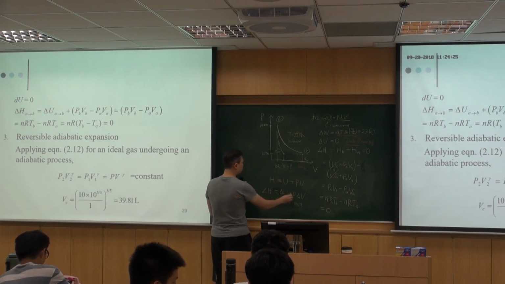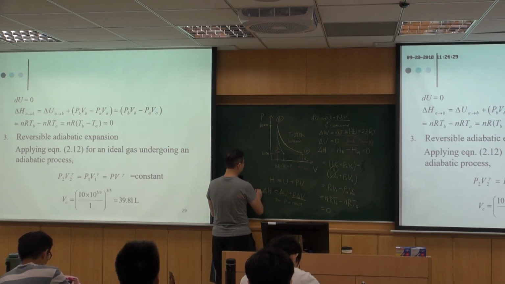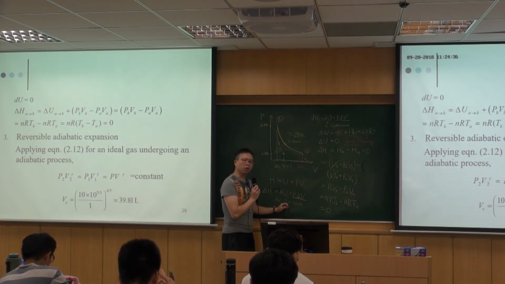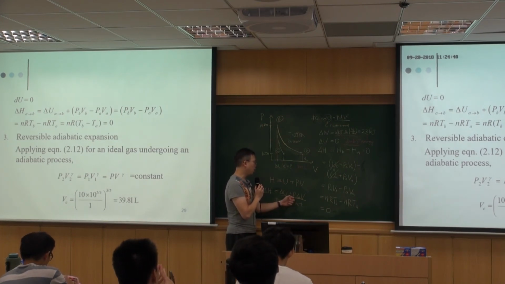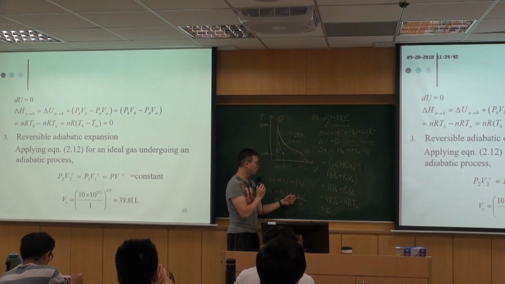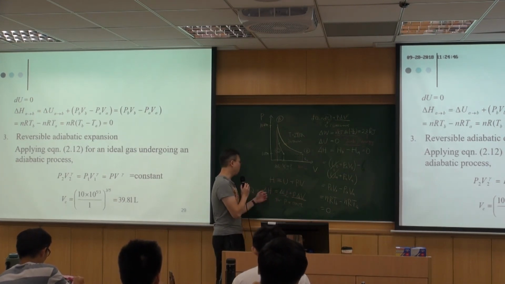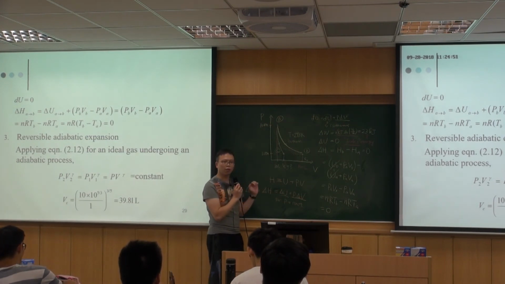We know that this is the work done by the system, this is a change in internal energy, so this is delta Q. But if you're not dealing with a constant pressure process, then you don't have the constant P over here, so you're not dealing with PdV work. Therefore, by this calculation you will get a not so meaningful number.